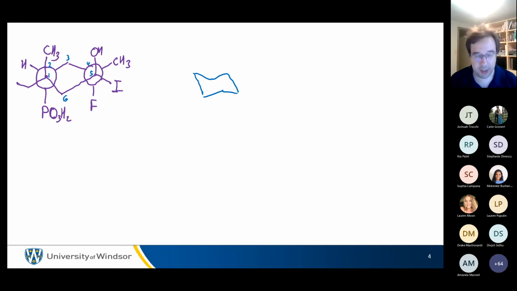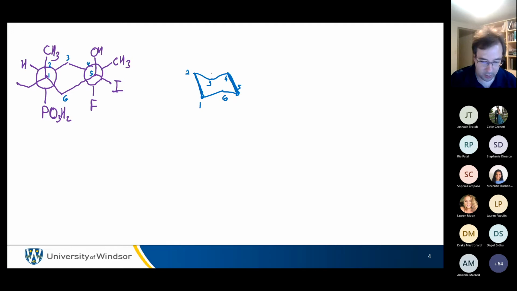We're going to make our life a lot easier. You can number this any way you like, in any order you like. As far as I'm concerned, I have an easier time pretending I'm looking down these two bonds than any other two, because these two seem like the front of the molecule.